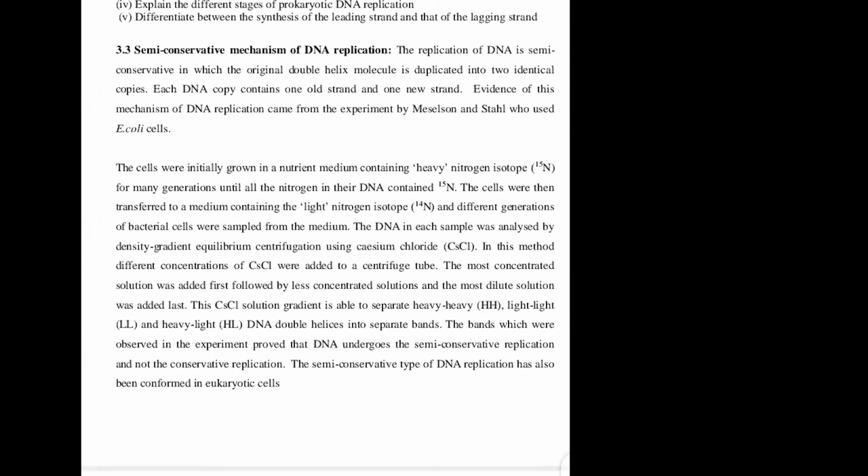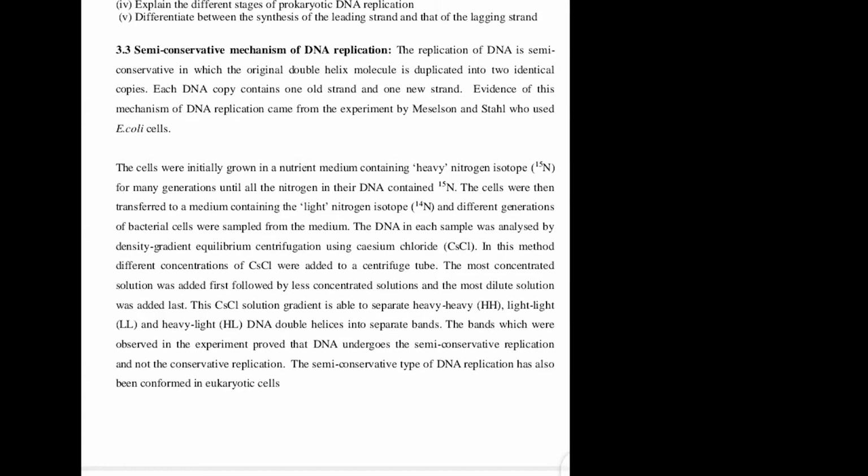Okay, so now, when we look at the objectives, the first one is to prove that DNA is capable of accurately reproducing itself. The second objective is to explain the semi-conservative mechanism of DNA replication with reference to the experiments of Meselson and Stahl.